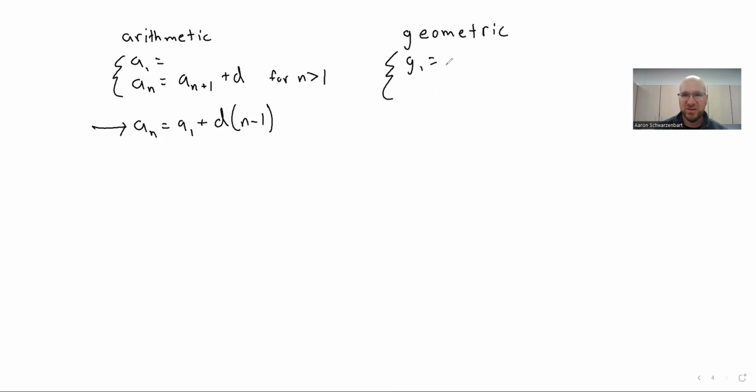So we have a first value. I don't know what it is. And this time, I multiply. We call it R for the common ratio, or what I'm multiplying by each time. So maybe I'm multiplying by 2. I'm doubling every time. Or I'm multiplying by half.